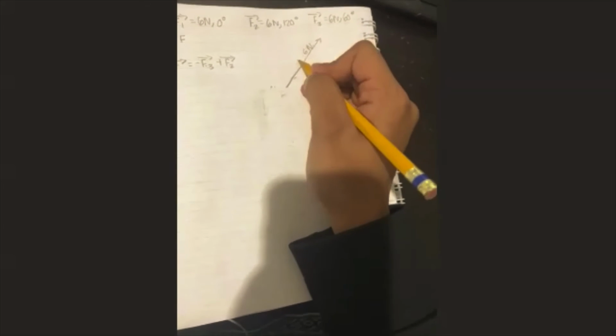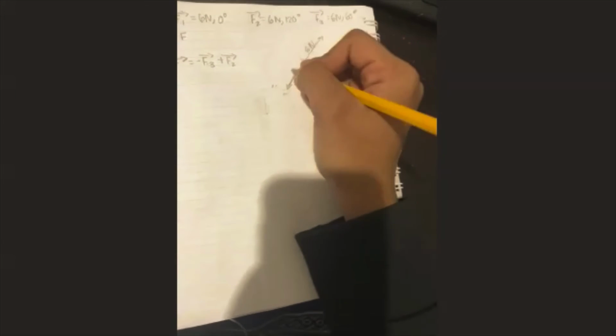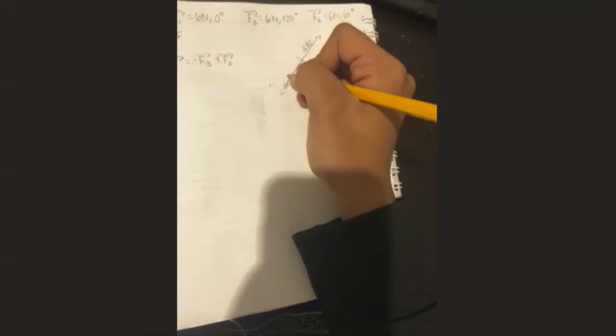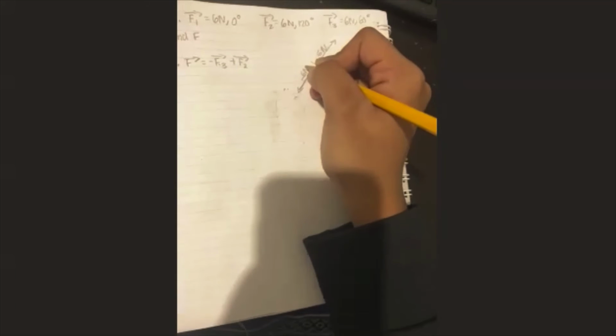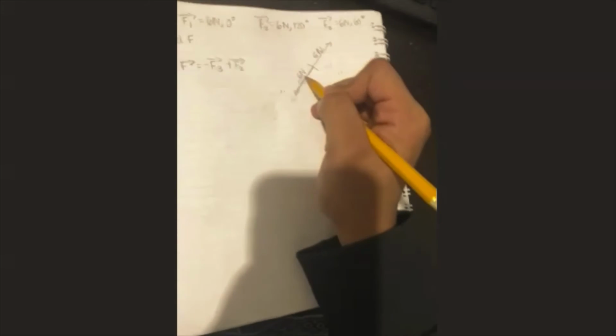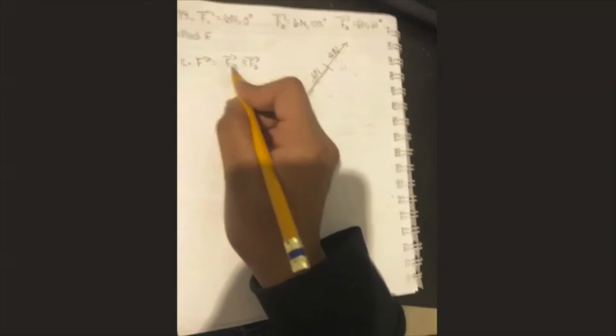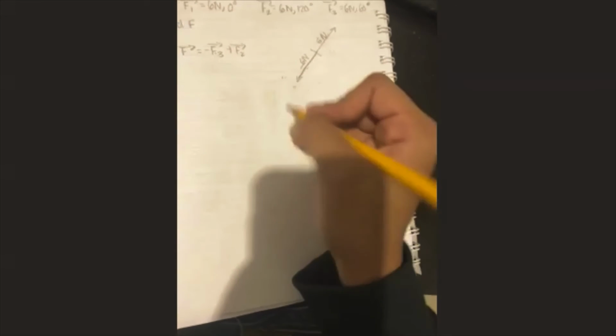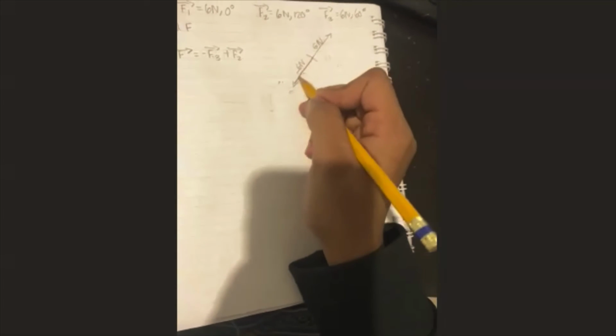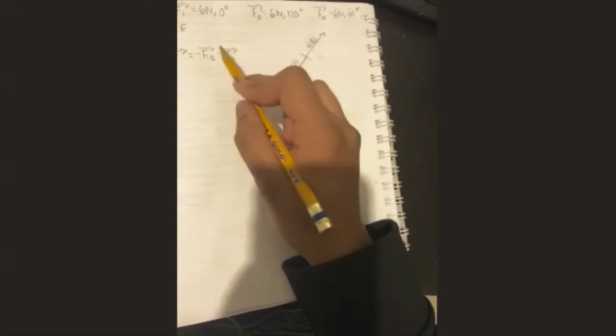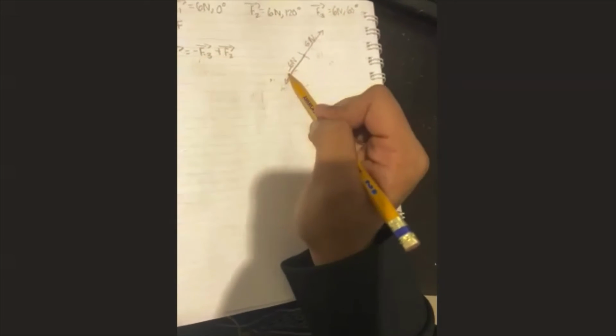So if this is positive 6n, this tangent is technically going to be negative 6n. That's something we need to clarify. So negative F3 is negative 6n.